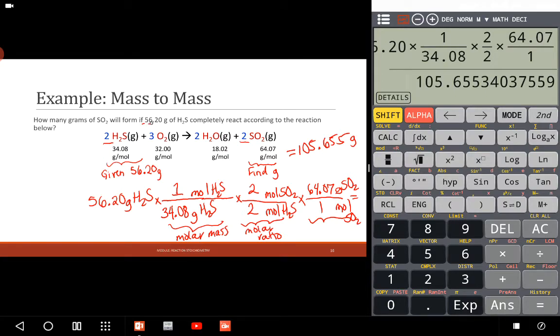I need 4 sig figs. And so I'm going to keep the retained digit as a 6 so that it's even. And so I'll report my answer as 105.6.